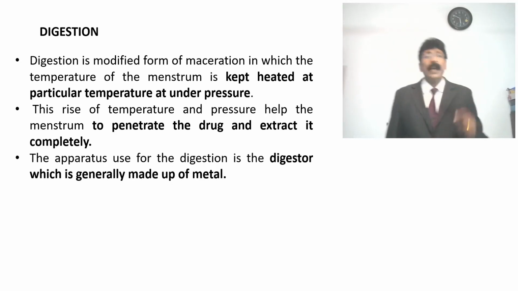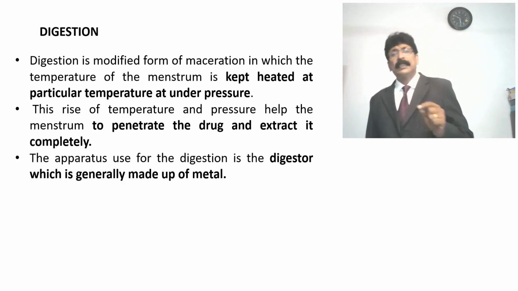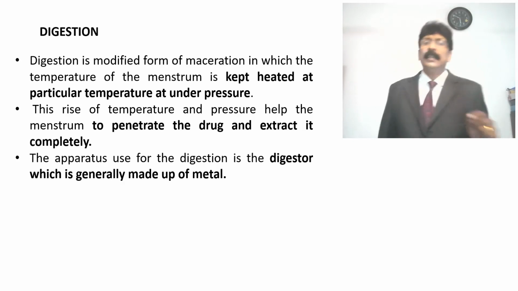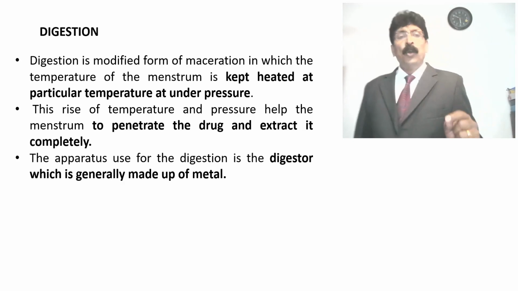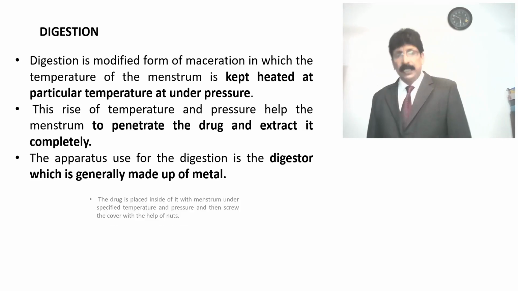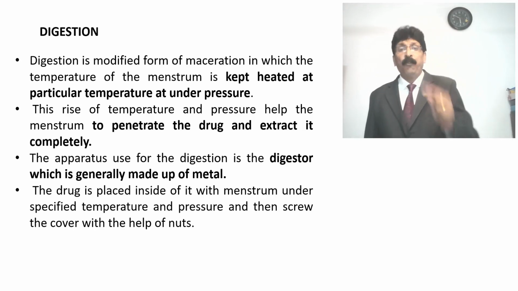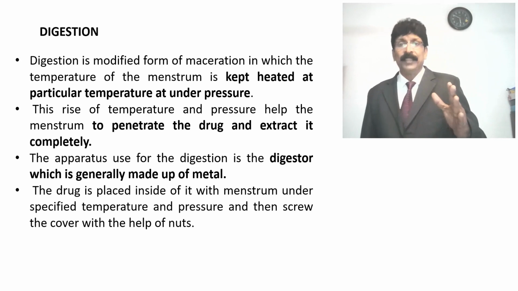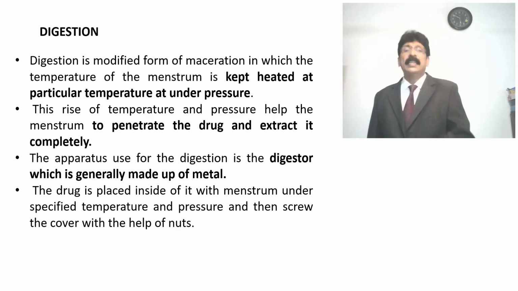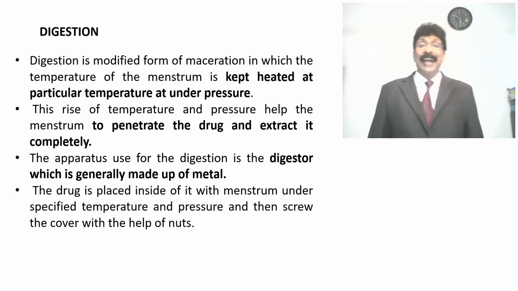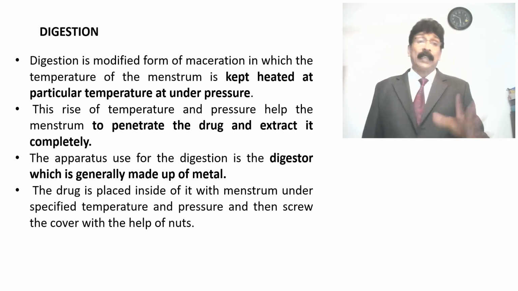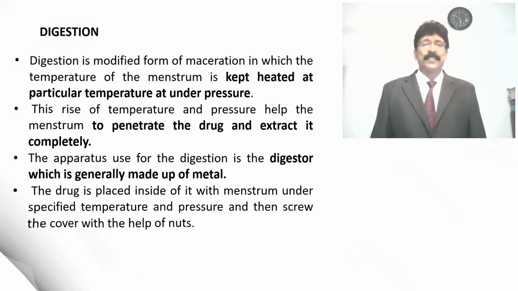The apparatus used is the digester, generally made of metal. The drug is placed inside with menstruum under specified temperature and pressure, and then the cover is screwed on with the help of nuts.